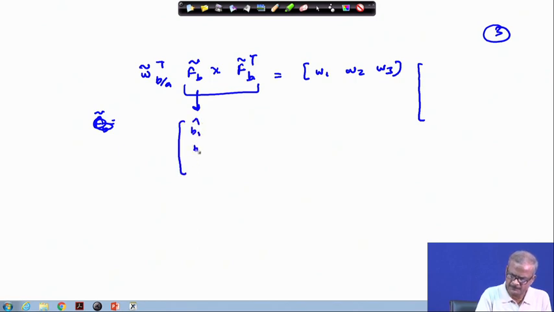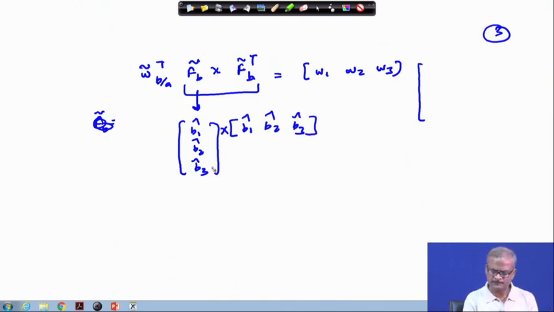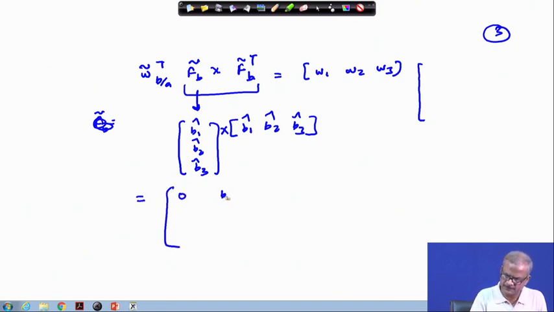So, this is b 1 cap, b 2 cap, b 3 cap, and this transpose b 1 cap, b 2 cap, b 3 cap, and there is a cross sign also. Now if we take this cross product, b 1 times b 1 will be 0, b 1 times b 2 is b 3 cap, b 1 times b 3 is minus b 2 cap. Okay.